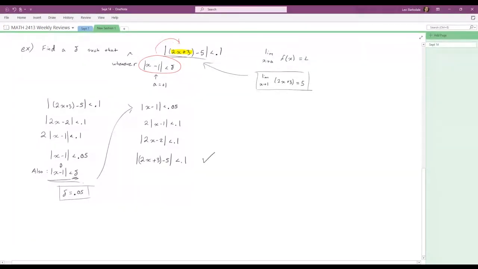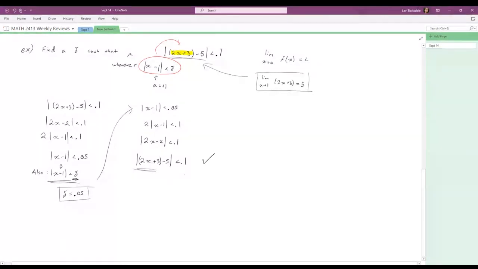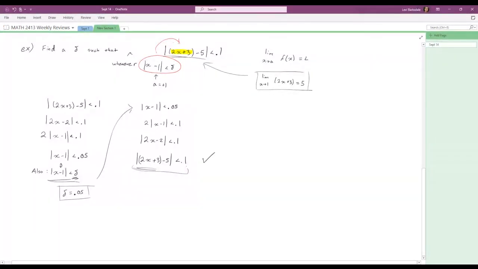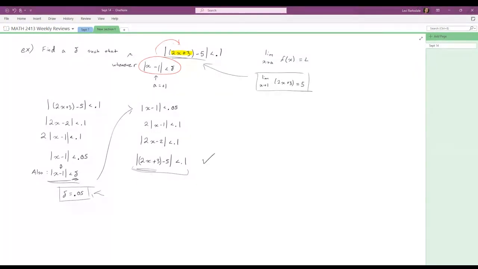We started with this, and then we showed that because x minus 1 was less than delta, this statement was true. So it's not like it hurts. Sometimes it will be harder than this. If you do find a delta and you show your reasoning, it's not like they can really dock you. But I would recommend trying to show that it's correct as well. Okay, thank you.